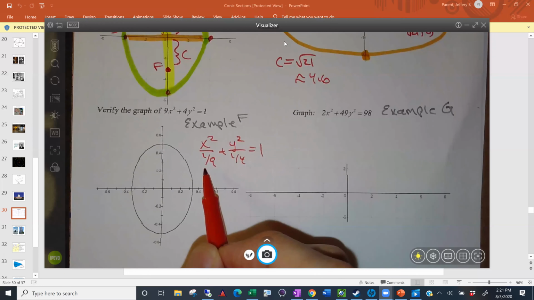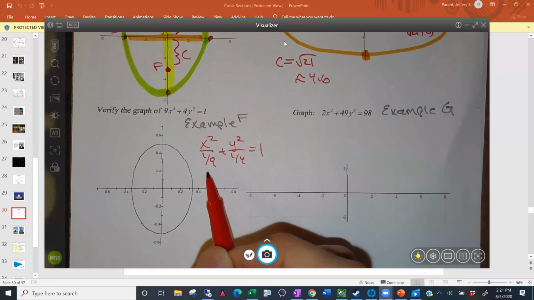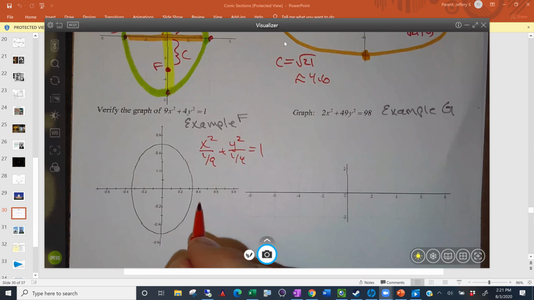When you divide by a fraction, the trick is to invert and multiply. Now that I've got it written like this, I can think of that as 1/3 squared plus 1/2 squared equals 1.